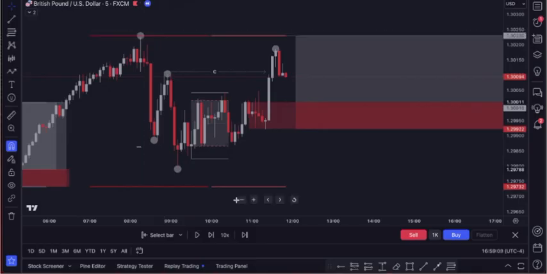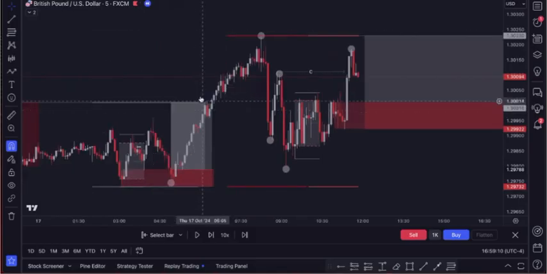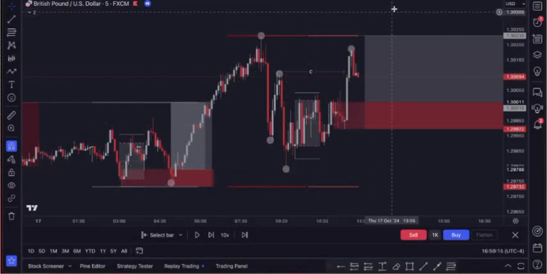So when we look at overall price action here, this was the low, high, higher, lower high, and then higher high.